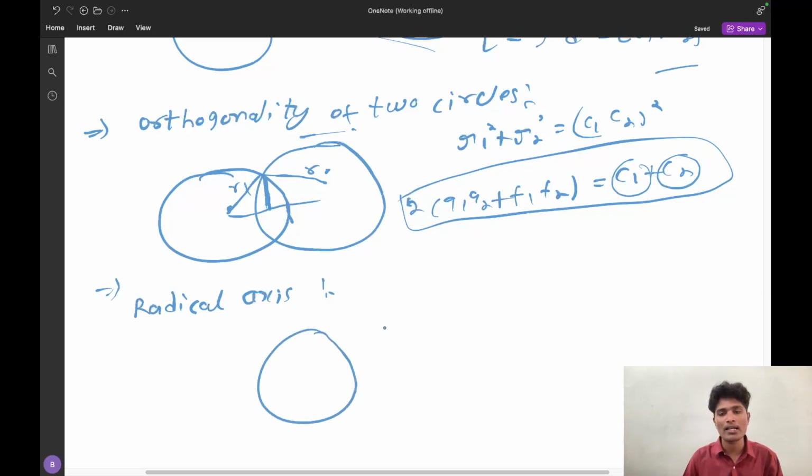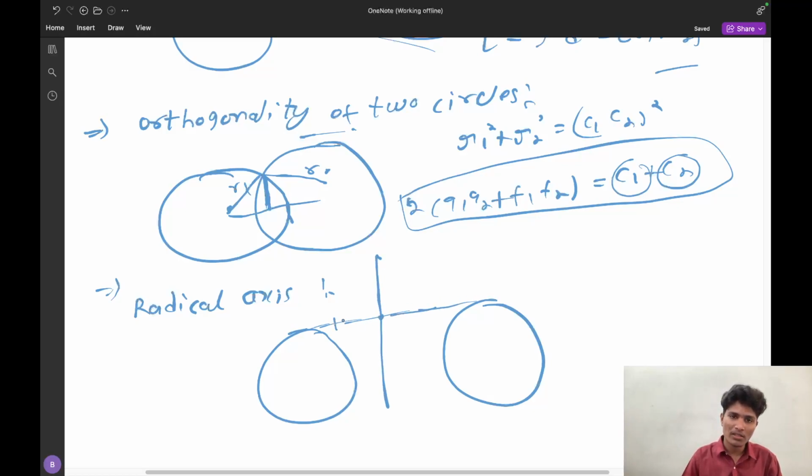These are the two circles. If I draw tangents and if I draw a line, any point on this line should have a common distance between the two. If it is satisfied, this axis is called the radical axis.